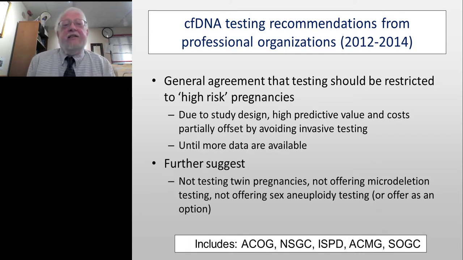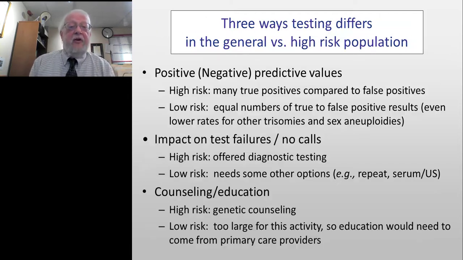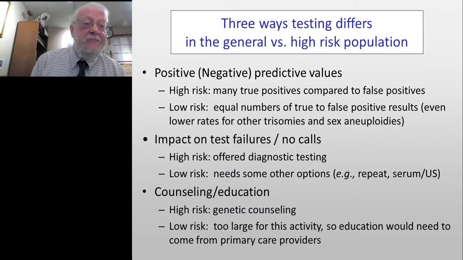So how does testing in the general pregnancy population differ from the high-risk population? Well, the first thing is the predictive values. The test has the same detection and false positive rate, but the prevalence is much lower. So in the high-risk population, the positive predictive value could easily be 7 true positives to every 1 false positive, or 5 to 1, or 9 to 1, or something.